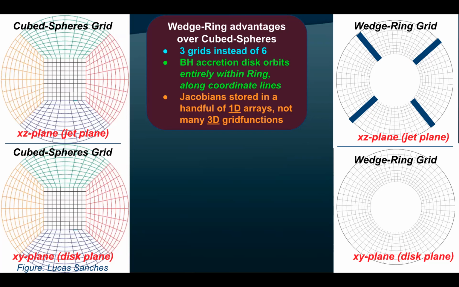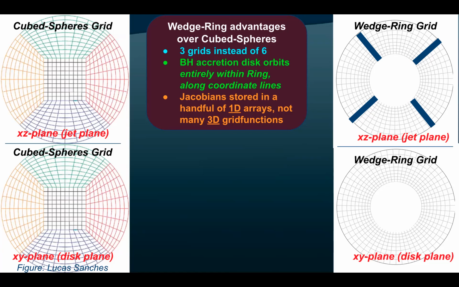Finally, I'll say that Jacobians on the wedge ring grid, because they were based on an ordinary or just a very slightly radially modified spherical grid, all of basically the reference metric, the spherical metric, right? If you look at it, it consists of some function of r times some function of theta times some function of phi at most complicated.